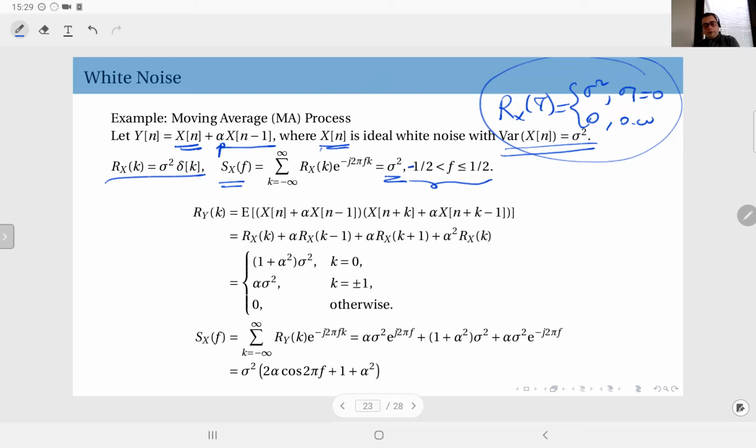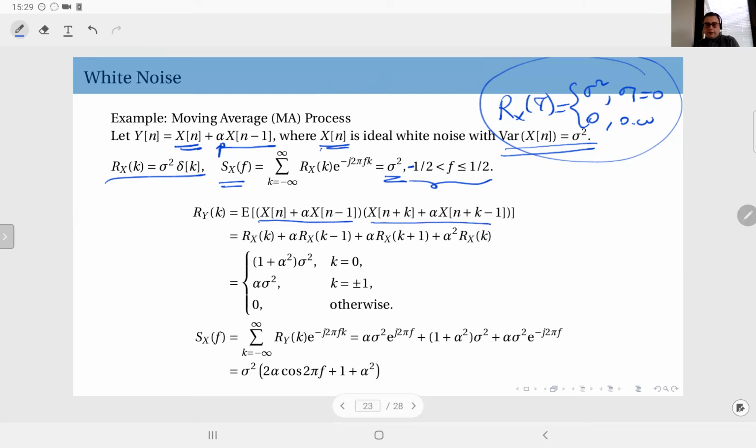The autocorrelation of y is by definition the expected value of y n times y n plus k. If you plug in the definition, y n is x n plus alpha times x n minus 1, and y n plus k is x n plus k plus alpha times x n plus k minus 1.